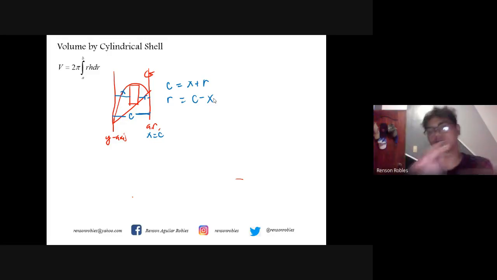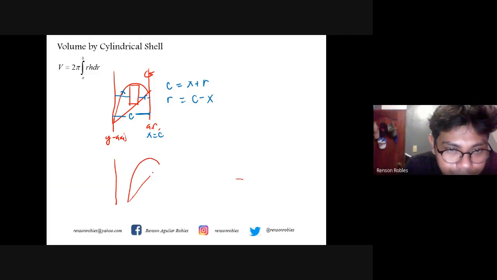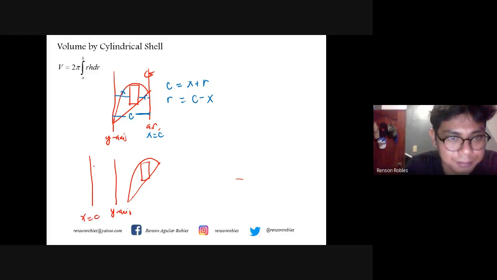Now we do it on the left. Say the same region, element, y-axis, and this is the axis of revolution, x equals c.